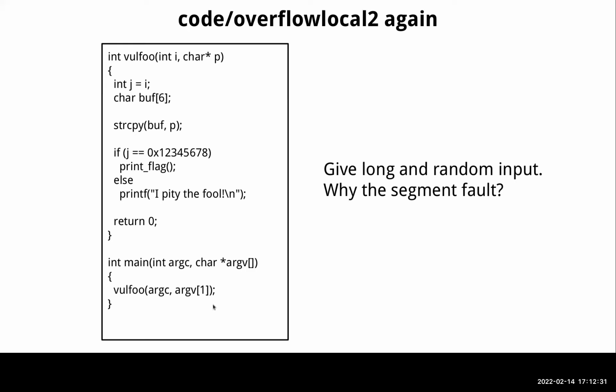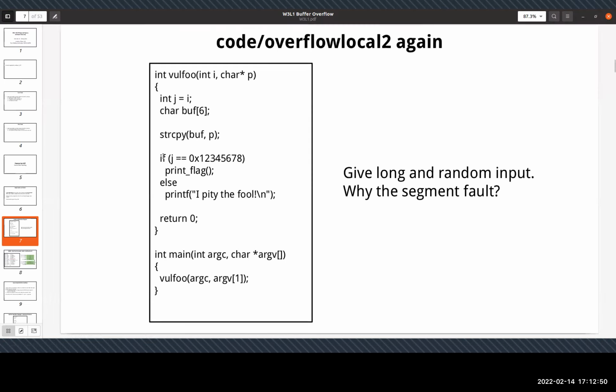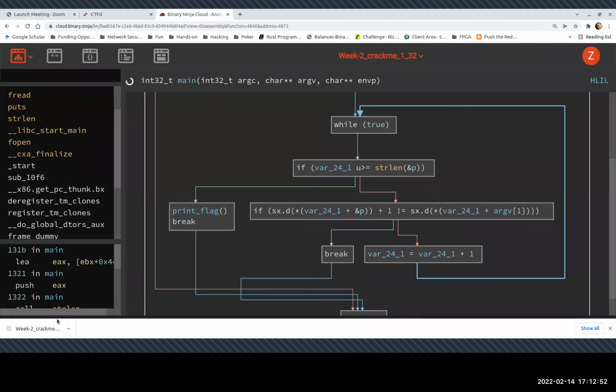There is a buffer of 6 bytes. We overflowed this 6 bytes. We put 6 bytes of garbage there. Then we put something more, and that will overflow the local variable j. So we did this. Let's do this again.